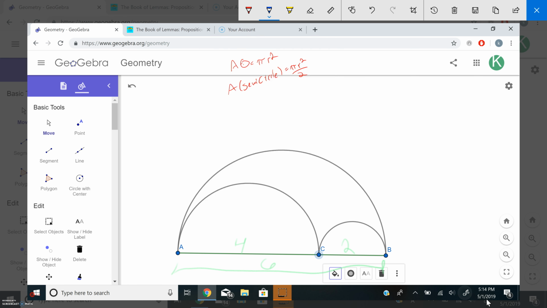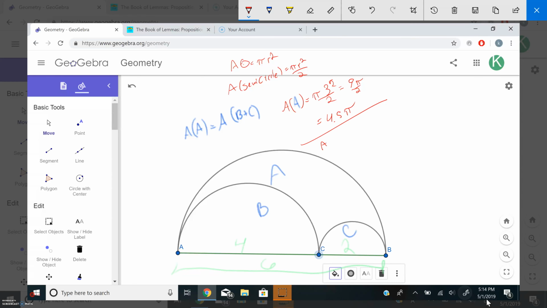And for our purposes, we will name the semicircles A, B, and C. We want the area of A minus the area of B plus C. So the area of A is equal to pi. The radius is half of 6, which is 3, squared, divided by 2. So we get 9 pi over 2, which is equal to 4.5 pi.